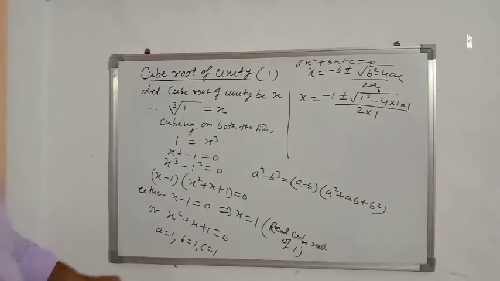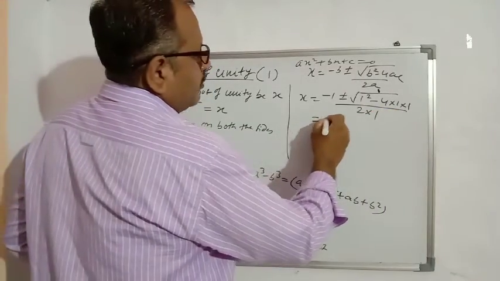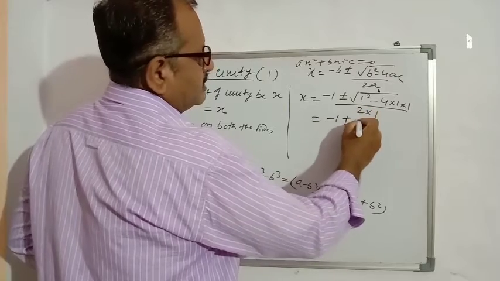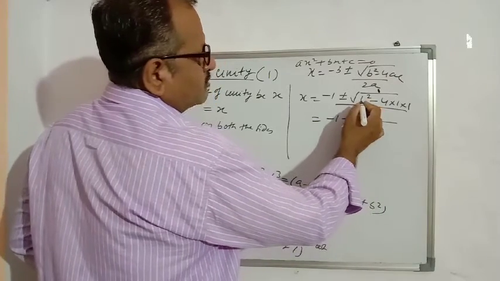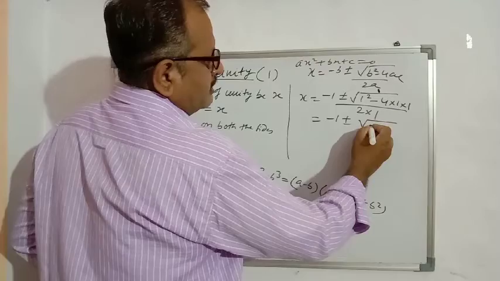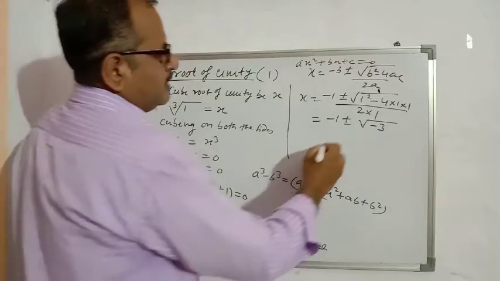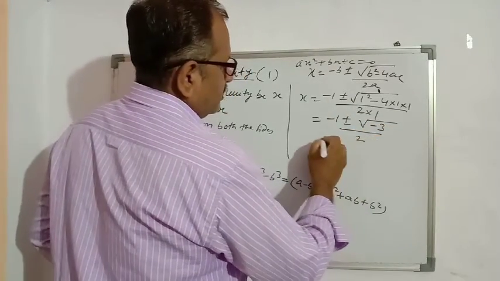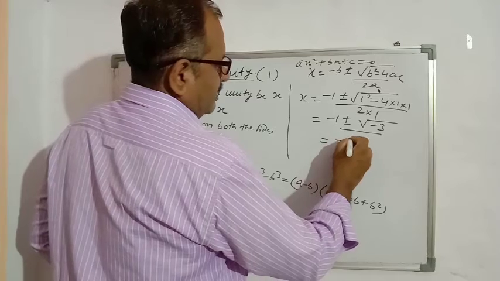So minus 1 plus minus under root 1 square is 1, 1 minus 4, it will be minus 3, by 2.